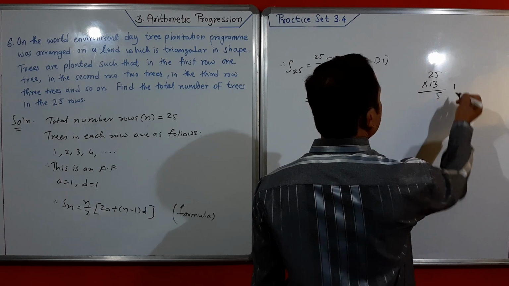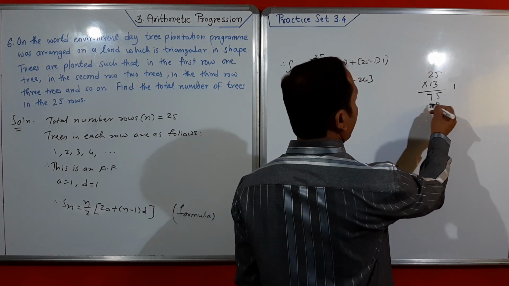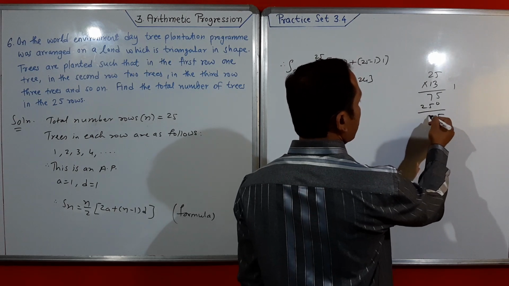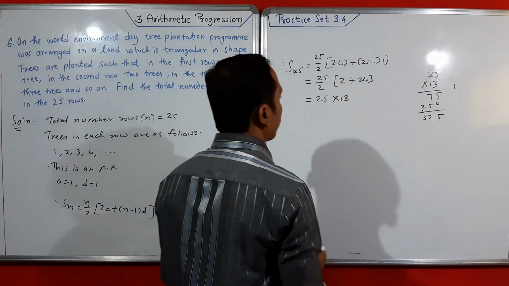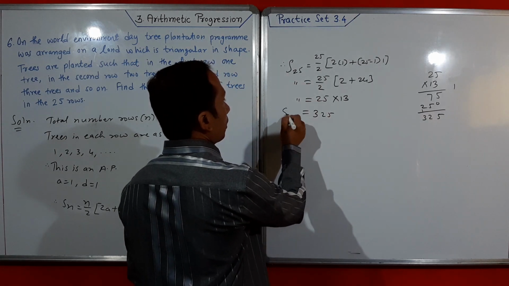3 fives are 15, 5, 1 carry. 3 twos are 6 and 1 is 7. So 325. This is your solution, S25.